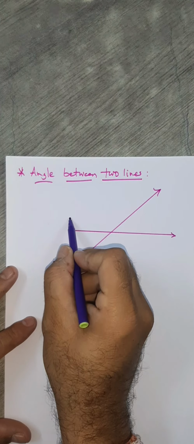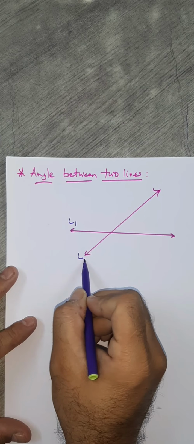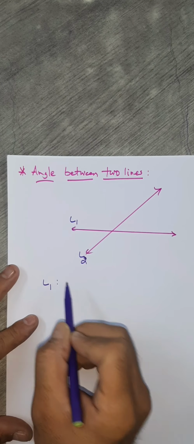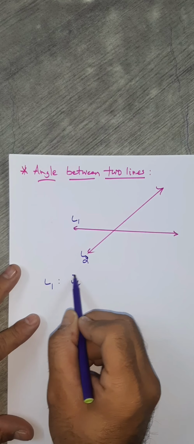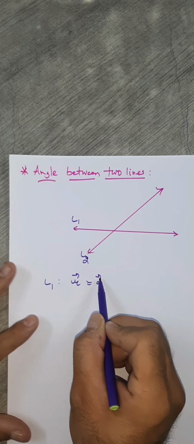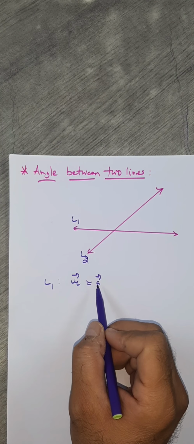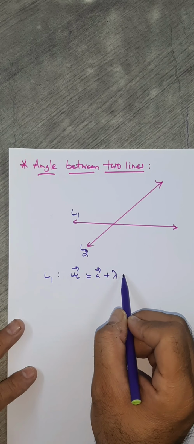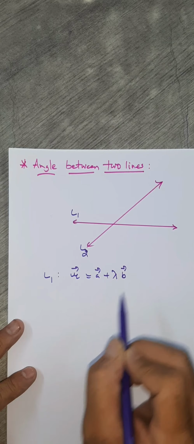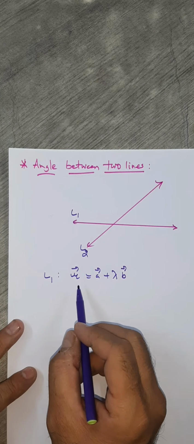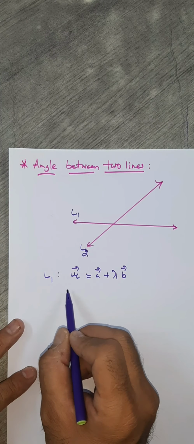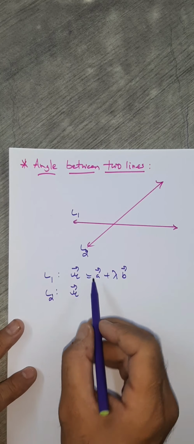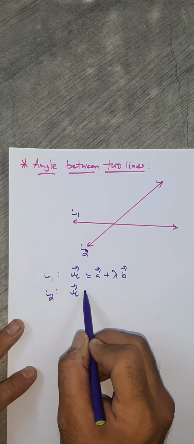So we have two lines, let me call them L1 and L2. They are intersecting lines. So line L1 is given here by vector R equals vector A plus lambda into the direction of this, let me call that vector B. Okay, and the other line L2 is given by vector R, this is a variable point.